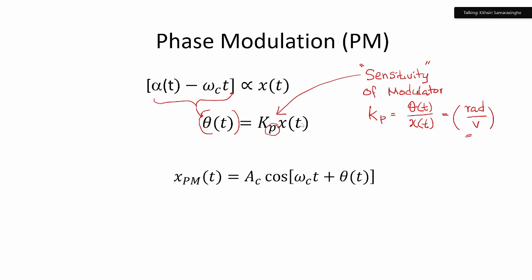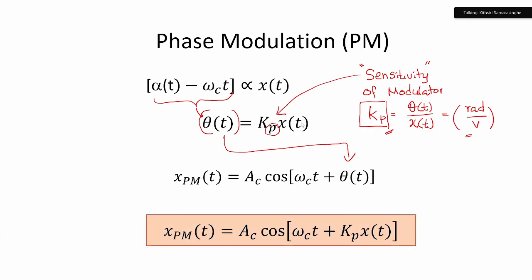How many radians of phase deviation will be generated by your circuit per unit voltage change of the modulating signal. Now that's Kp, and that's why it's called sensitivity. Higher the value of Kp, more phase deviation per unit voltage change, so more sensitive to capture the changes of xt. Right? Then we can substitute it to our theta here in the carrier, and that results in the generalized equation for phase modulated signal. This is a generalized expression.